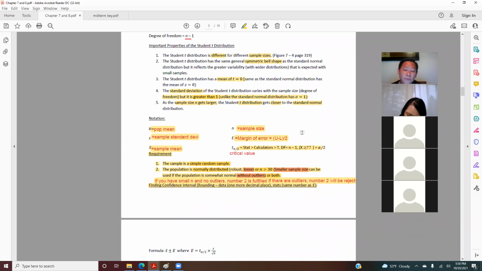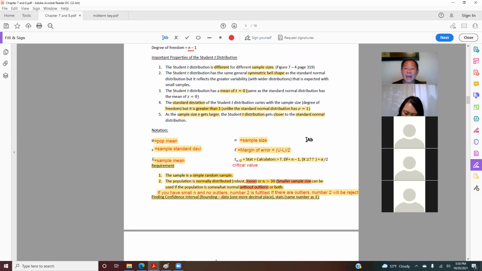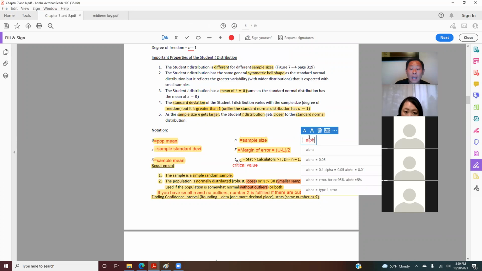Okay, and how do you find the critical value for T alpha over 2? You go to stat calculator T. So you use the T calculator here. They ask you for the degrees of freedom, and then X greater than or equal to blank. The blank, make sure you blank it out. And then you put that alpha over 2 on the other side. And again, what is alpha in this case?